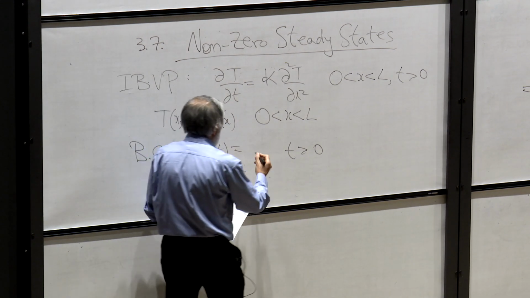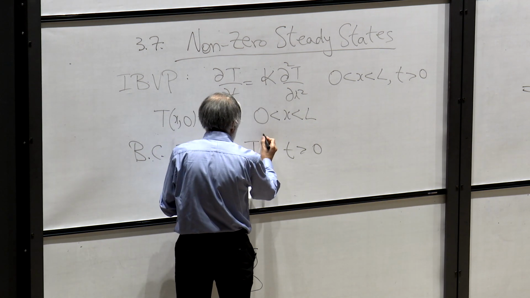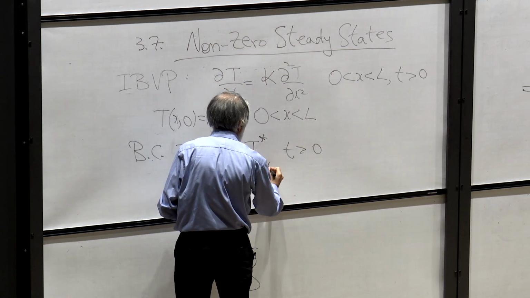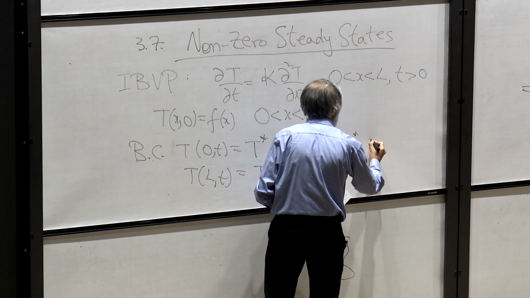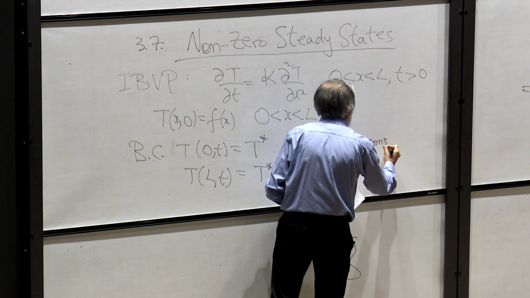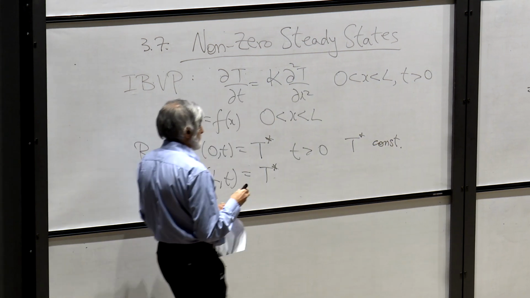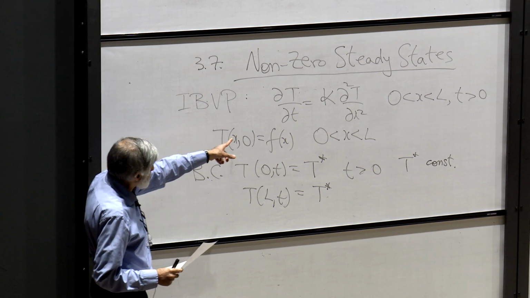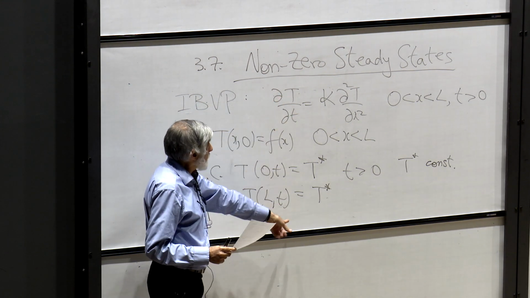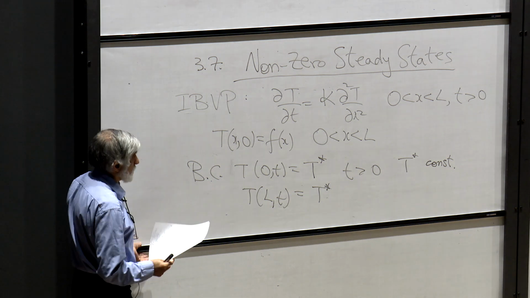So suppose instead of that we had some T star, where T star is some constant. Okay, and if this was a chemical, then that constant would have to be bigger than 0.